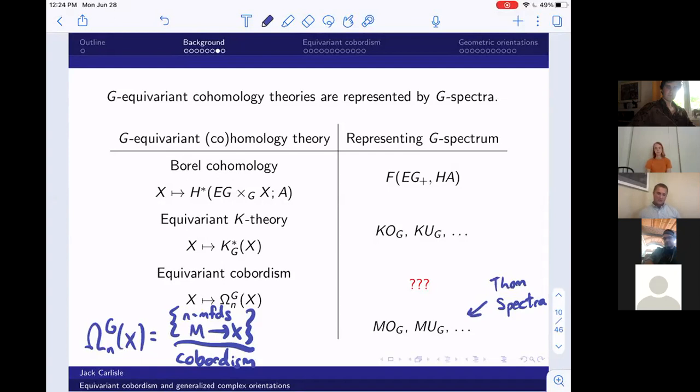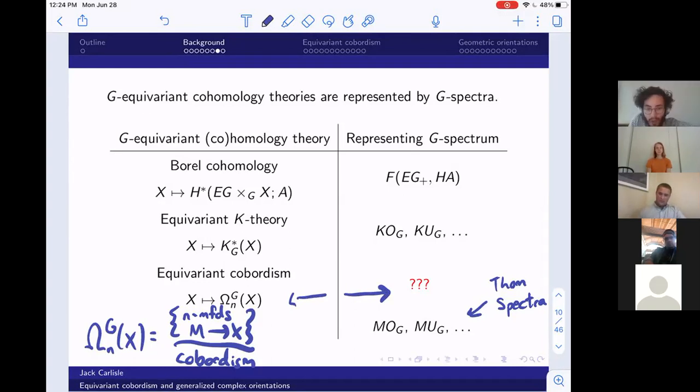And it is not the case that MUG is the spectrum which represents cobordism of stably almost complex G manifolds. And so it turns out that in general, or at least in the complex case, which is the thing we care about the most right now, it's not known in general whether there even is some G spectrum whose Z-graded homotopy groups are the cobordism ring of G manifolds.